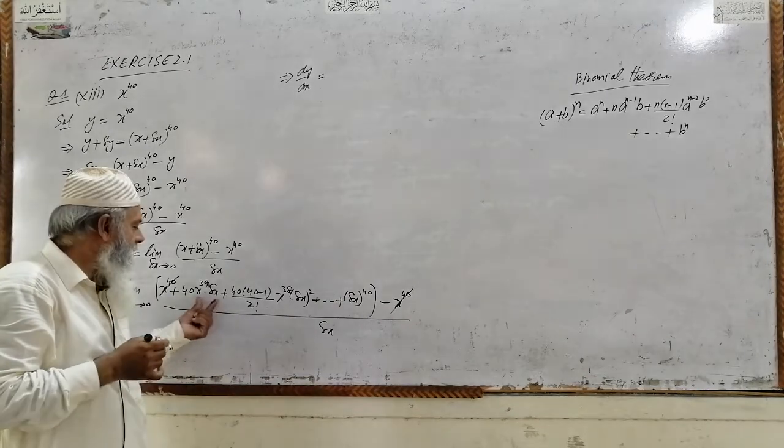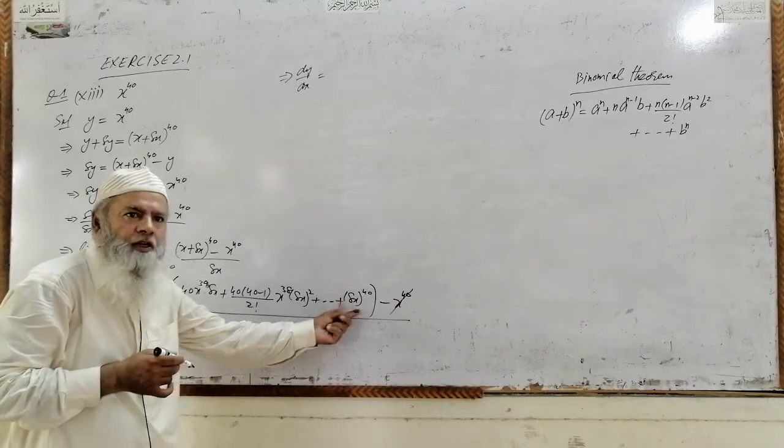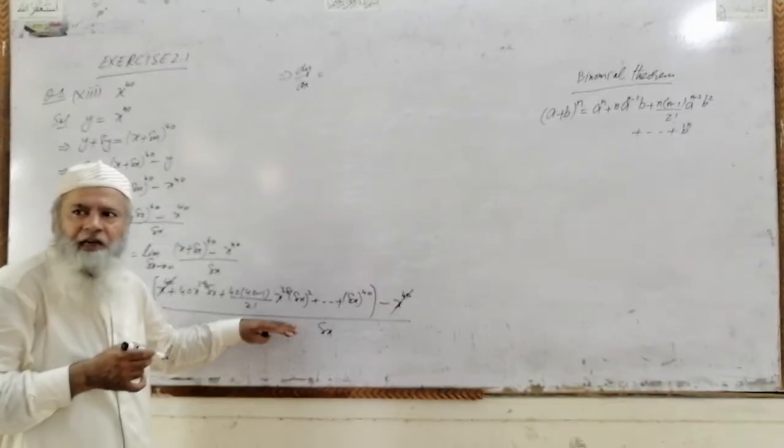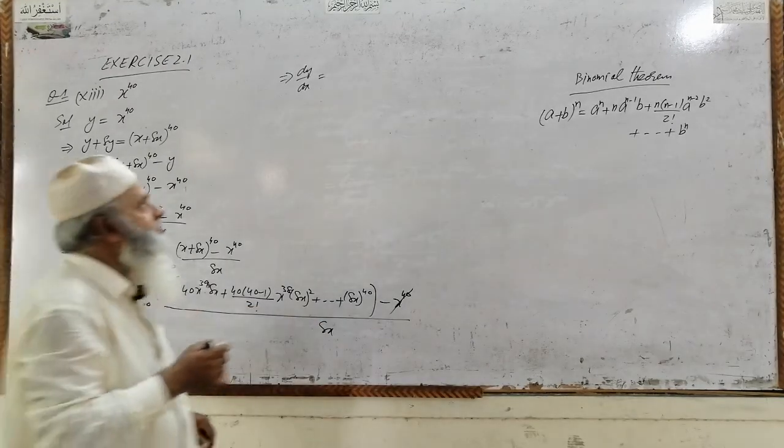Look at here. Here we have delta x. Here we have delta x square. Here we have delta x 40. All the terms contain delta x. That's why we can take delta x common from the numerator.